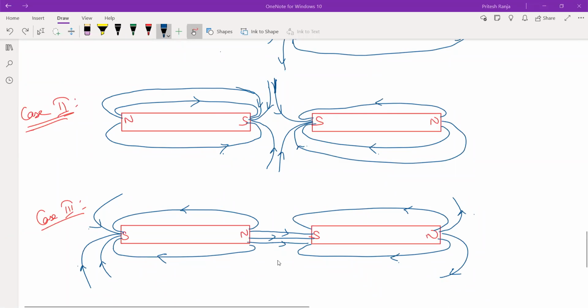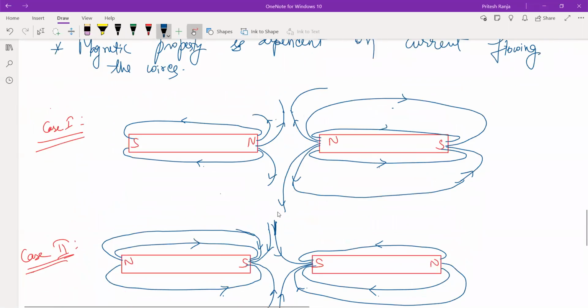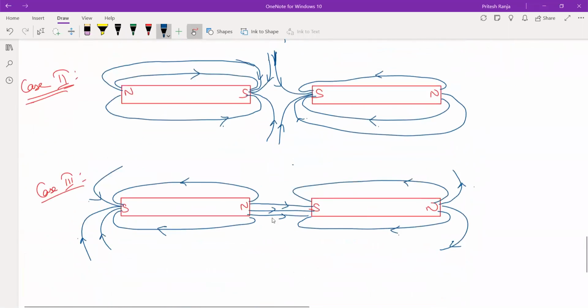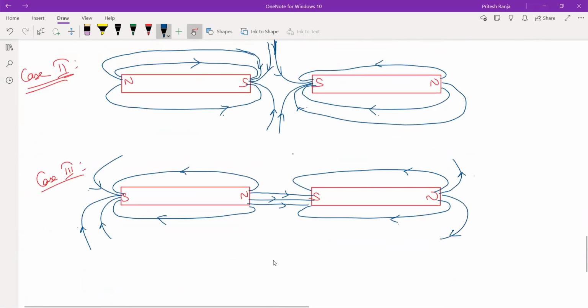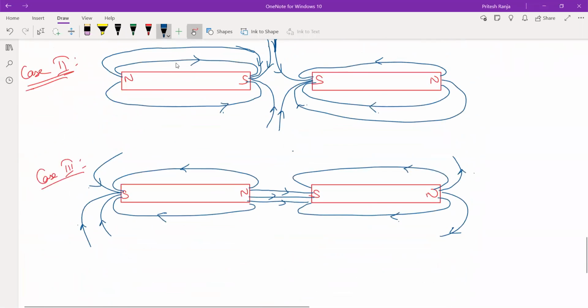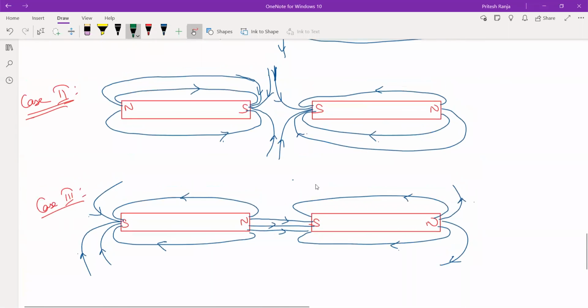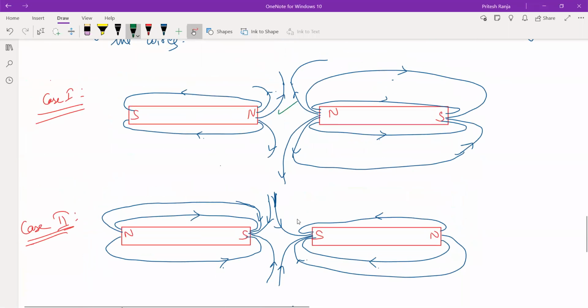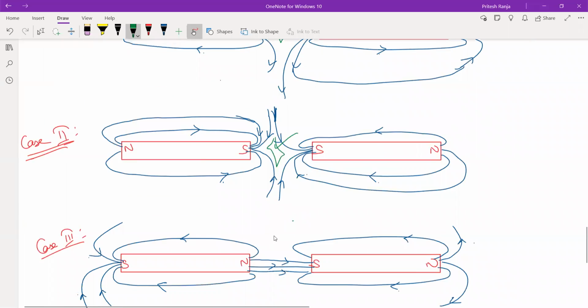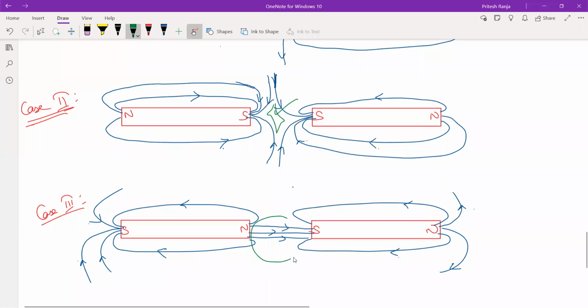Okay, this is completed. This was related to the direction of the magnetic field lines that we draw with respect to the magnets. One thing we can observe here: if you look at these two, no magnetic field line is present in between. And if you look here, some magnetic field lines are present which go from one magnet to the other magnet.